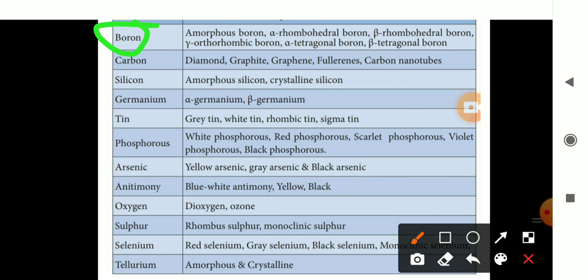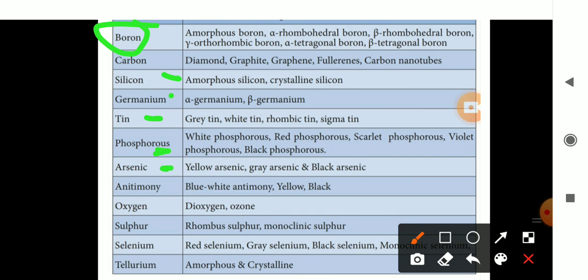For silicon, the allotropes are amorphous silicon and crystalline silicon. For germanium, there are 2 allotropes: alpha germanium and beta germanium. For tin, the allotropes are gray tin, white tin, rhombic tin and sigma tin. For phosphorus, the allotropes are white phosphorus, red phosphorus, scarlet phosphorus, violet phosphorus, and finally black phosphorus.